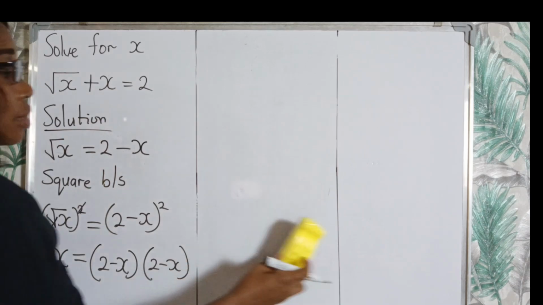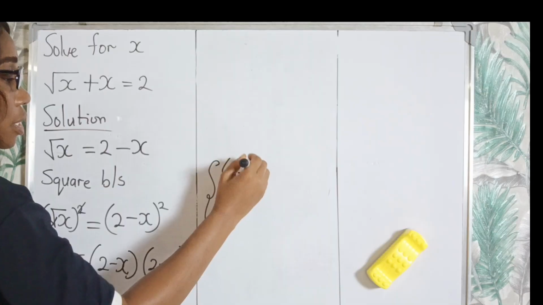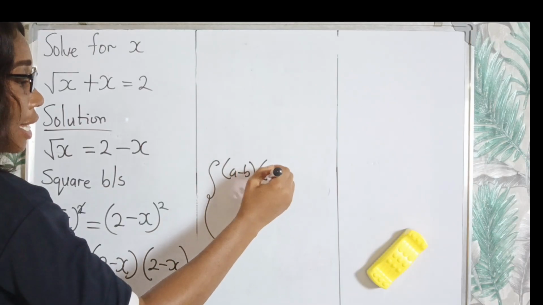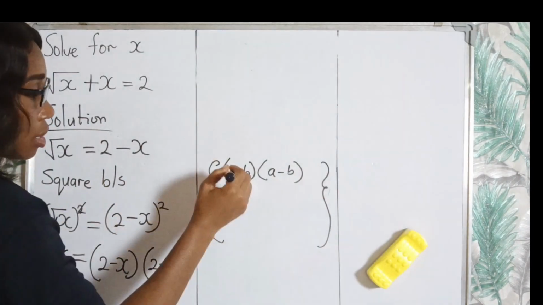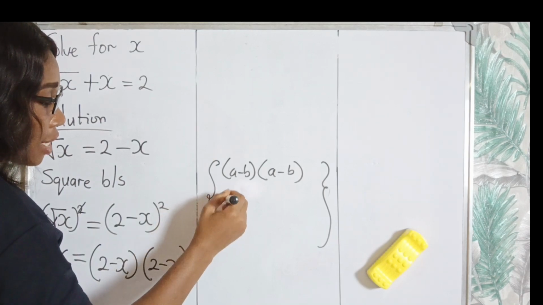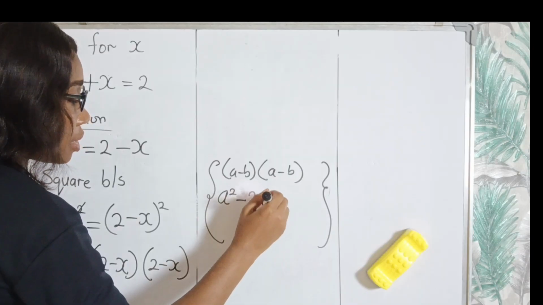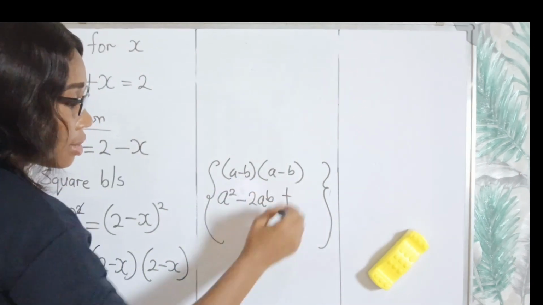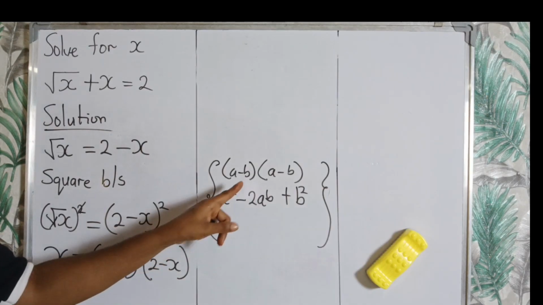Okay, so now note that if we have a minus b multiplied by a minus b, this will give us, when we multiply through, a squared minus 2ab plus b squared. Okay, so this 2 represents our a, and the x represents our b.